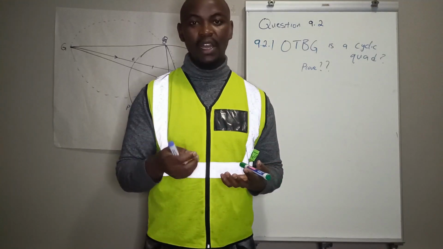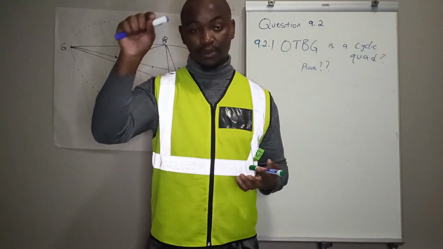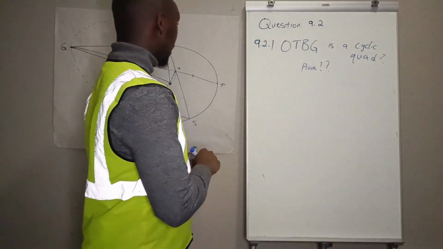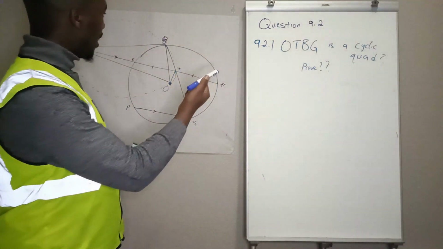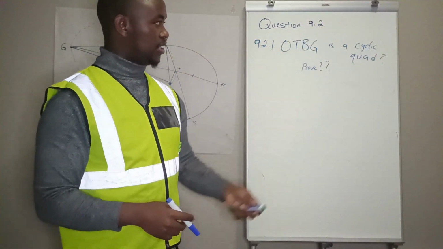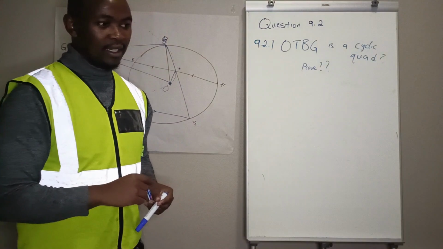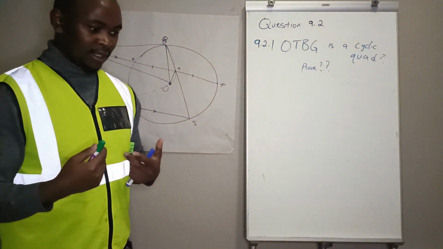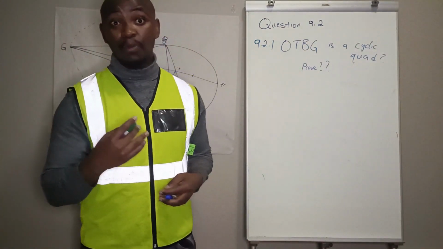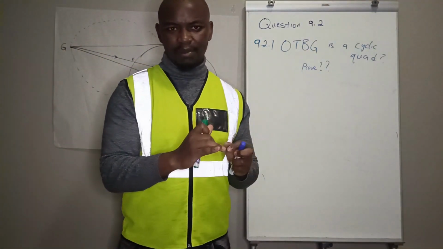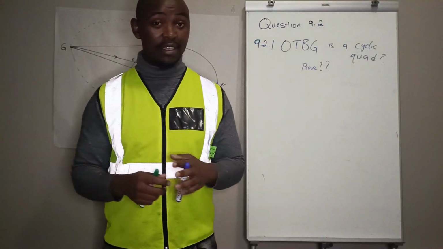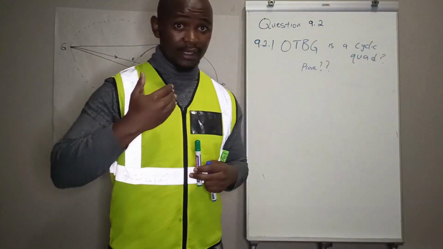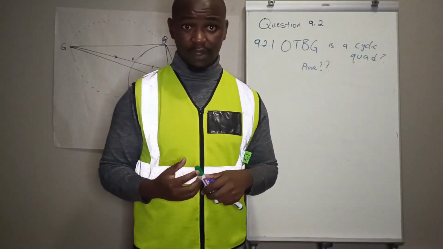For it to be a cyclic quad, the points of the quadrilateral need to fall on the circumference of the circle. So if we are being asked to prove that OTBG is indeed a cyclic quad, we must take note of what I've just explained to you. But every time you're asked to prove that a certain shape must abide by certain rules, try to draw out what they want you to prove so that you can aid your solving of the problem.